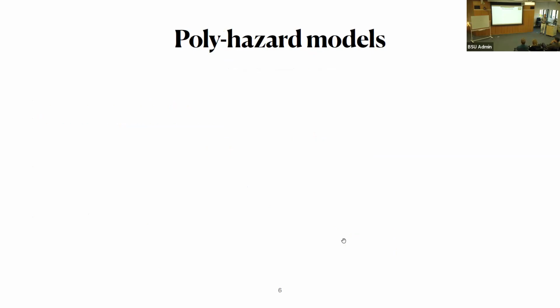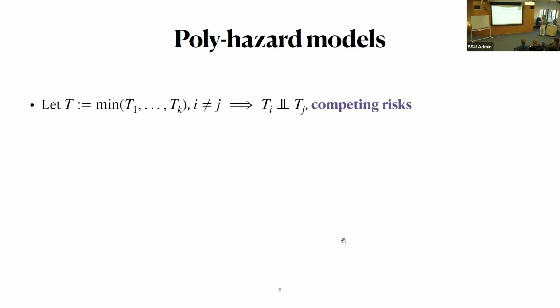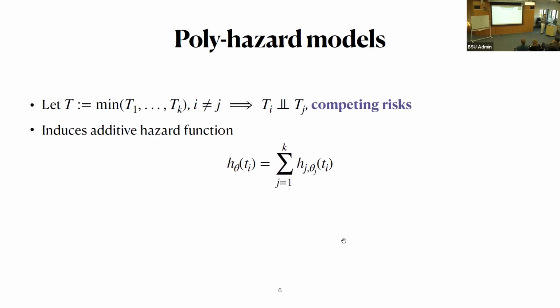So what is a polyhazard model? Again, many of you may be very familiar with this more so than me, but if you imagine the event time being the minimum of several different possible events associated with different risks, then you will induce an additive hazard function, right?